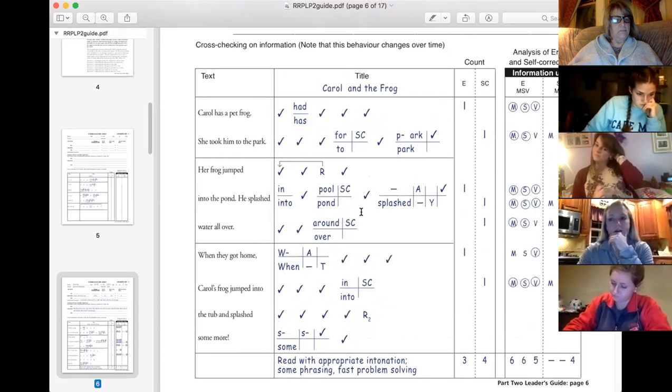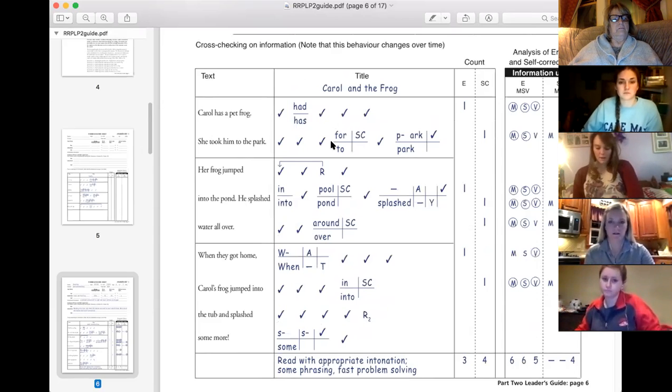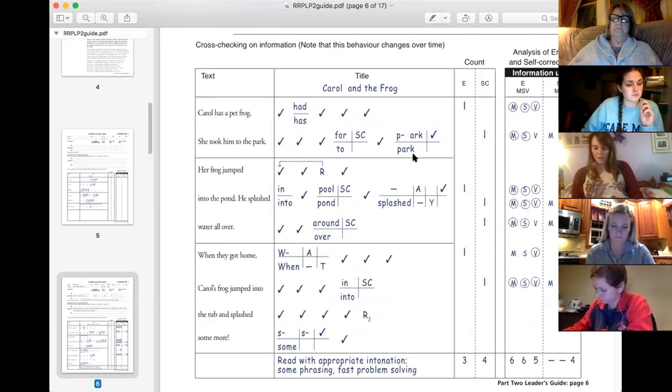Really? Katie, no question? Lisa, no question? Did you agree with 4? On the first page, she took him 4. What's the one where you would have only put structure? I had just structure. I didn't put meaning there.